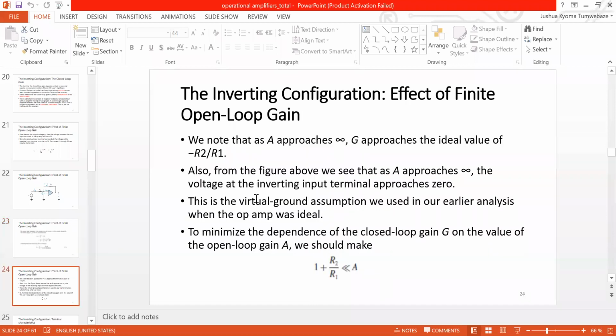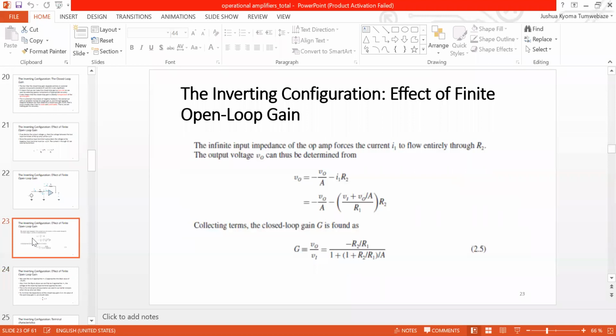Moving on. When you look at this previous equation, there's one important thing that we want to note. What happens in this equation as A tends to infinity, as the op-amp becomes more ideal?